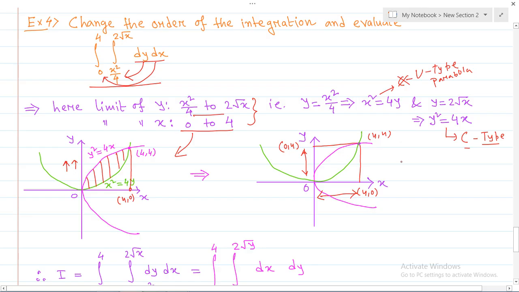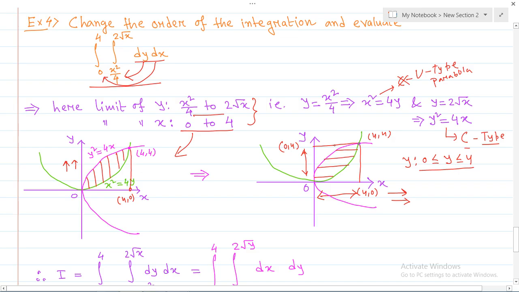So for this region, definitely y limit is going to be 0 less than or equal to y less than or equal to 4. So 0 to 4 is the variation of y, but we have to make x a variable limit. So to make x variable, we have to shade the region by horizontal lines. So the same region we have to shade, but with the horizontal lines.